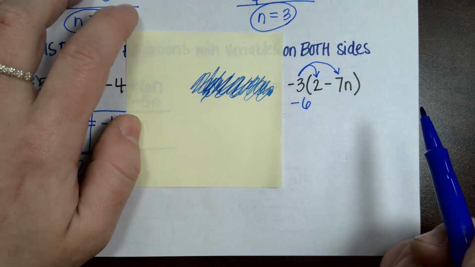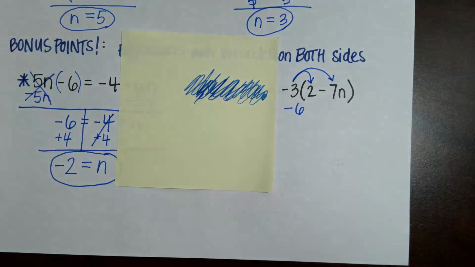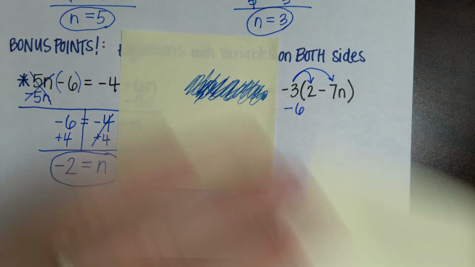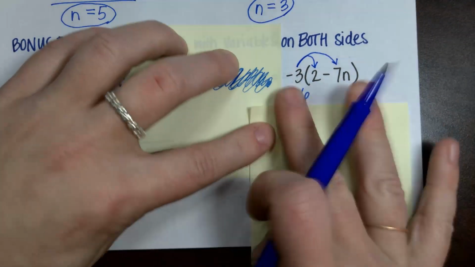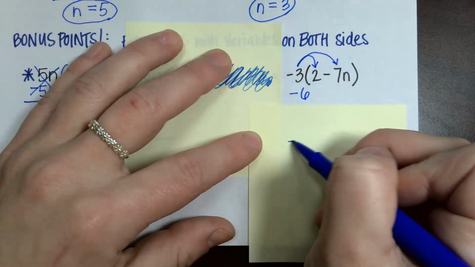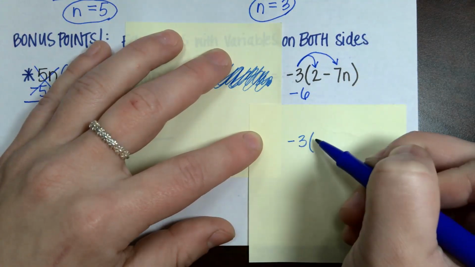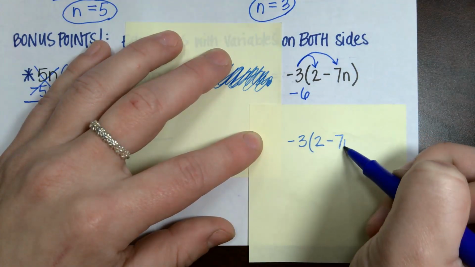I'm happy to write it out. Yeah, let's write it out. So here is something that could happen. I'm going to rewrite this. -3 times 2 minus 7n.